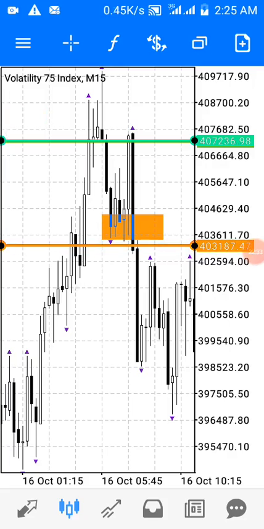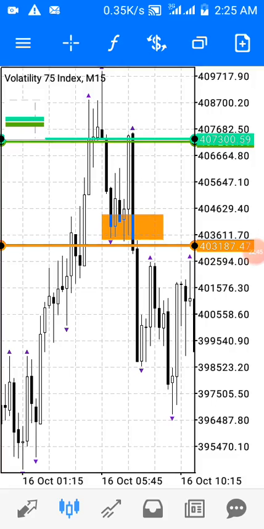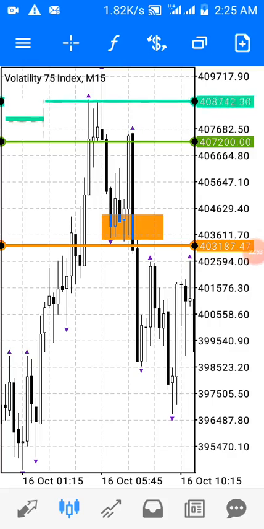Okay, and your initial hedge trade here is 0.003. Now you want to have a total of 0.027 here. Now 0.027 minus 0.003 is 0.024. So your third and final hedge trade will be 0.024.